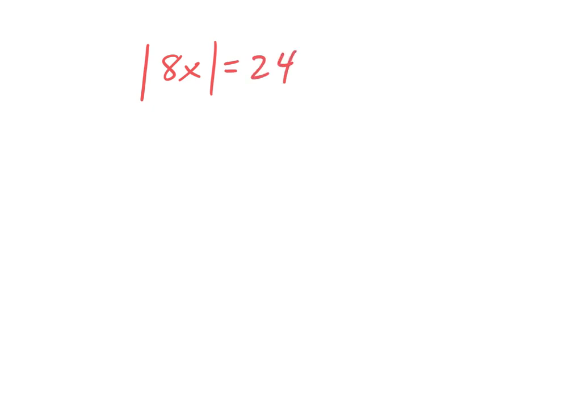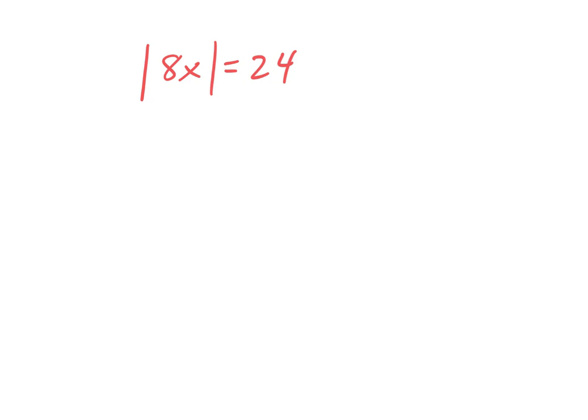Okay, so we're going to start off with equations. I'm going to do a bunch of different types of equations and show you some different things that we could do. This one, once again, is pretty basic. Absolute value of 8x equals 24. As long as there's nothing on the outside of the absolute value, then immediately we're going to make two equations every time.